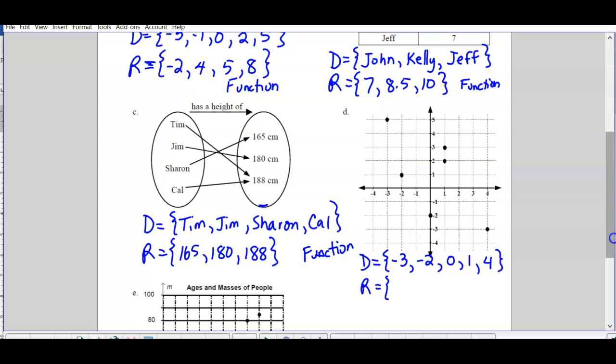Okay, the range from the bottom, the smallest y value is -3, then -2, then 1, then 2, then 3, then 5. And taking a look at this, these points are above and below each other. They're on the same vertical line, so this is not a function.